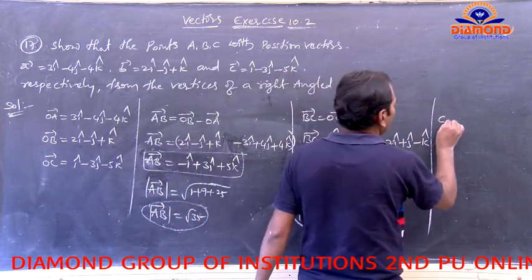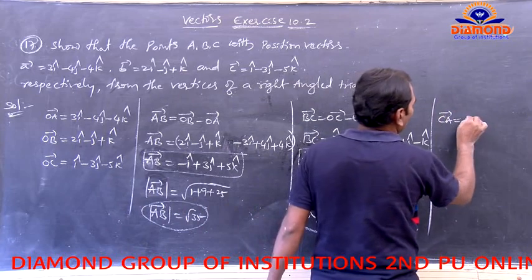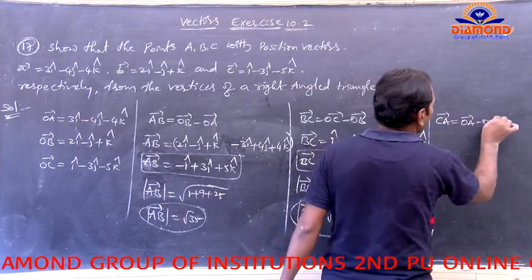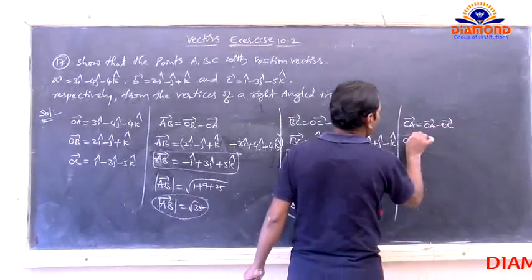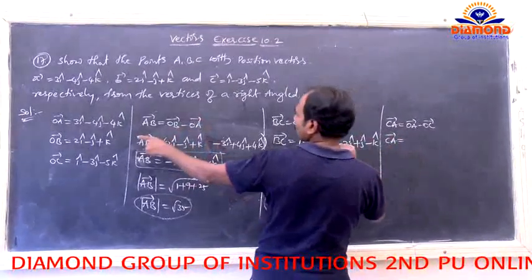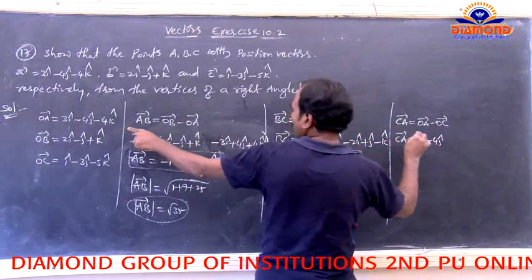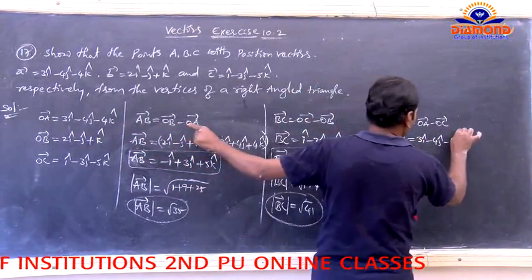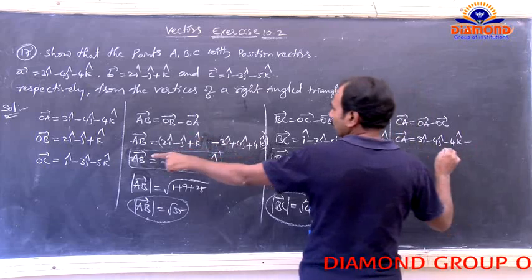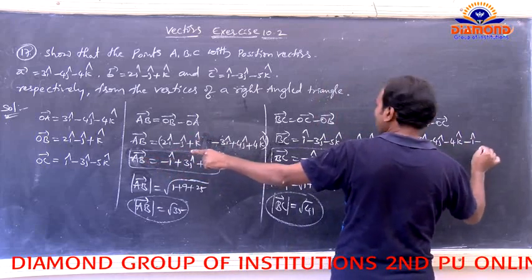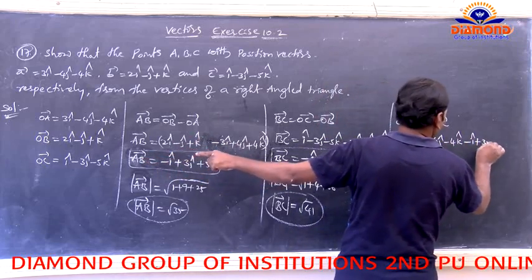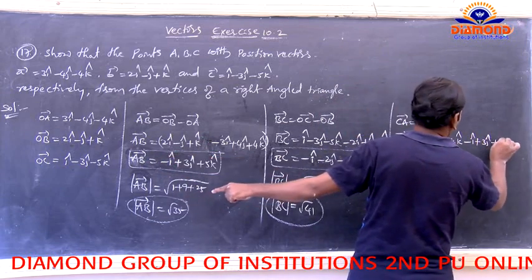Next, CA. CA means OA minus OC. CA equals 3i cap minus 4j cap minus 4k cap minus (i cap minus 3j cap minus 5k cap).